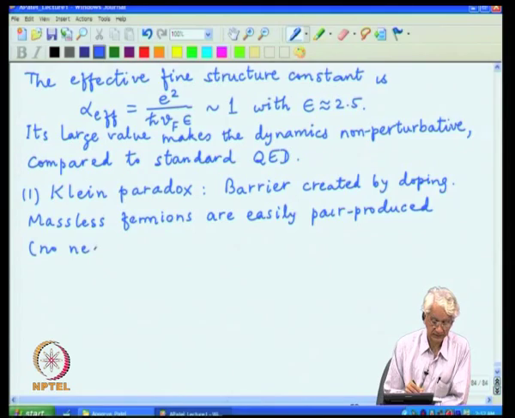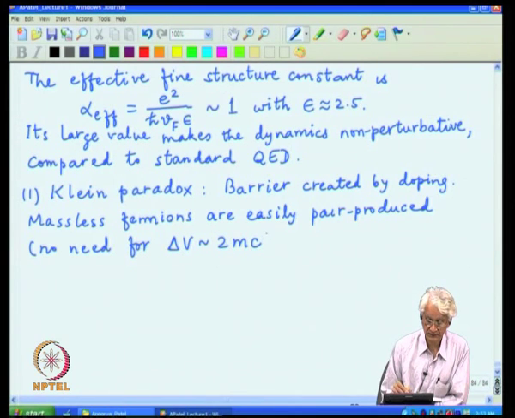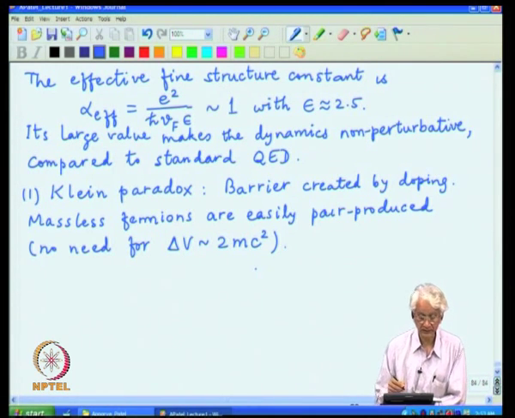In particular, we do not have a need for a minimum height of the barrier as in case of Klein paradox, where you needed a barrier height of the order of 2 m c square to see this effect.